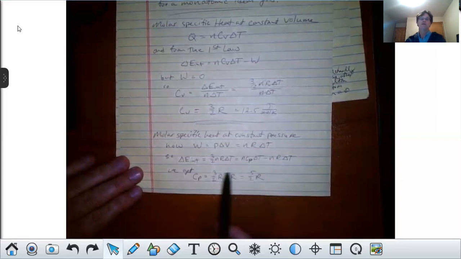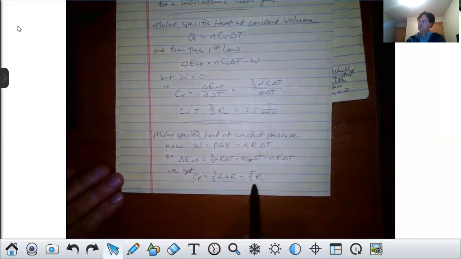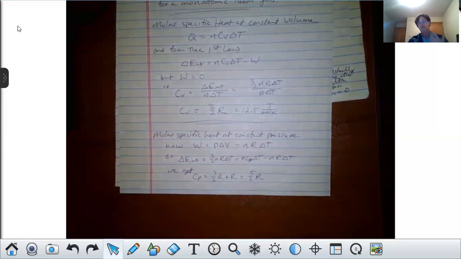So solving, we find that CP is 3/2 R plus R. Now 3/2 R was CV, so we could write this as CP equals CV plus R, or it's equal to 5/2 R. So the molar specific heat at constant pressure is bigger than at constant volume.